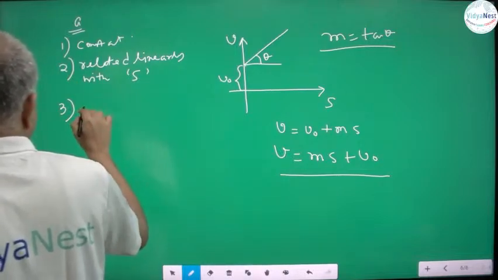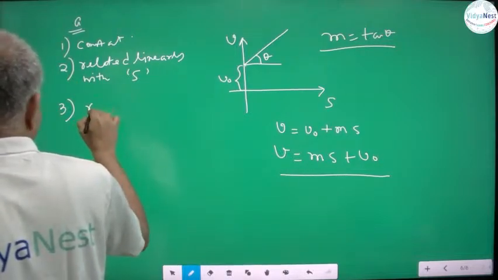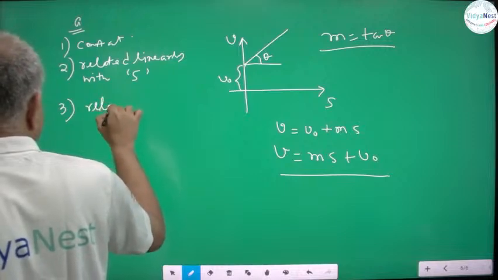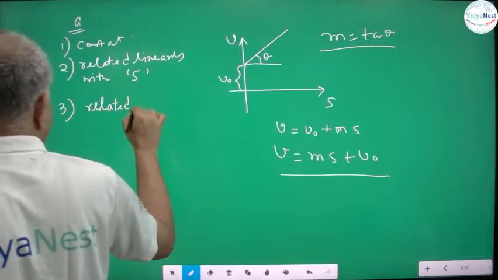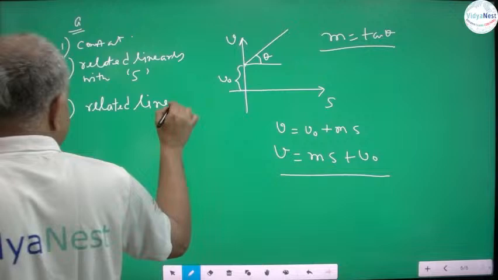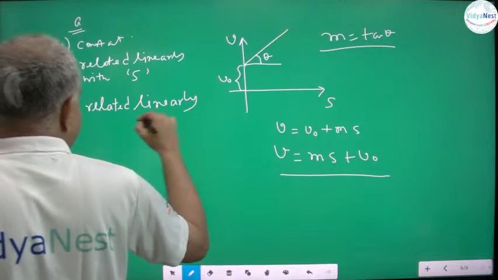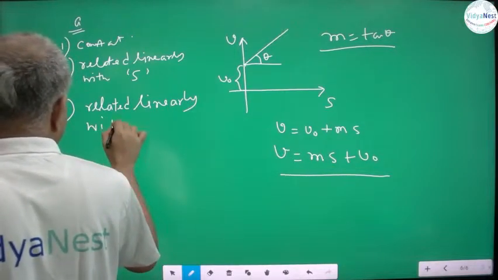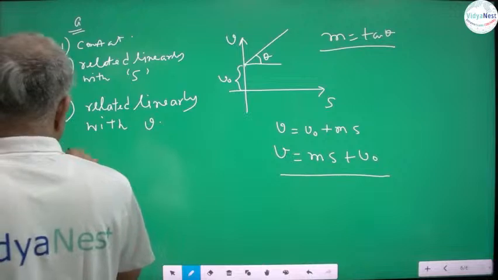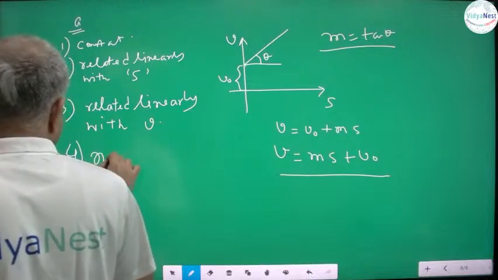Third option, acceleration is related linearly with velocity. Option 4, none of these.